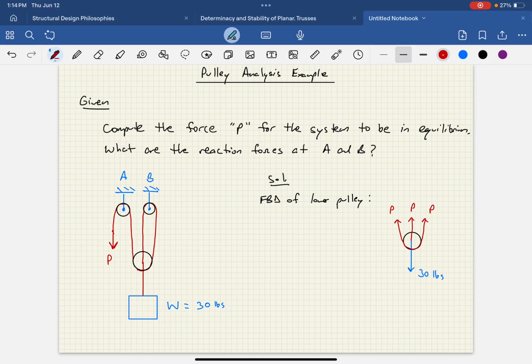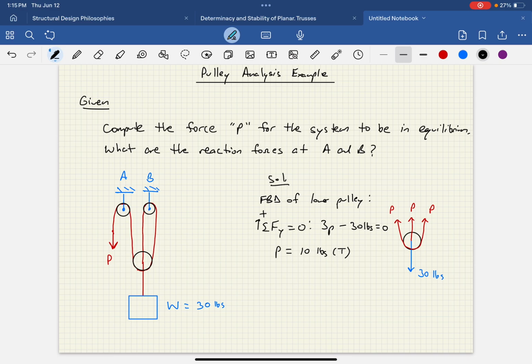Now, watch what I can do. If I say sum of the forces in the y direction equals 0, what do I have? Well, I've got 3P minus 30 pounds equals 0. And so what does that mean for P? P equals 10 pounds. And of course, that's a tensile load.